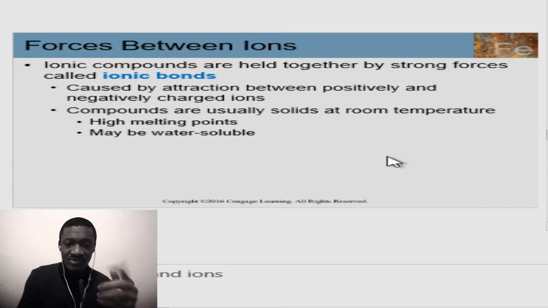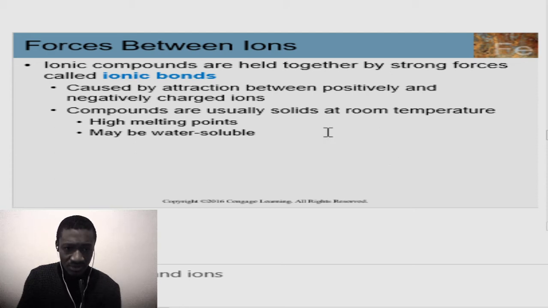So we have an understanding that forces act between ions, the same way you have a force acting between bars of magnet. When you put a north pole and a south pole, it will attract because there's a force. When you put a north and a north, it will repel because there's actually a force that causes the repulsion.